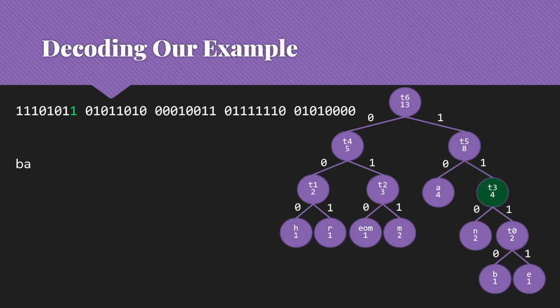Then moving on from T3, we have a 0. So we're going to head left now to the N. That gave us a new character, so our next step is to start at the root, where we head right again. And then we're going to head left, and that's going to get us another A.